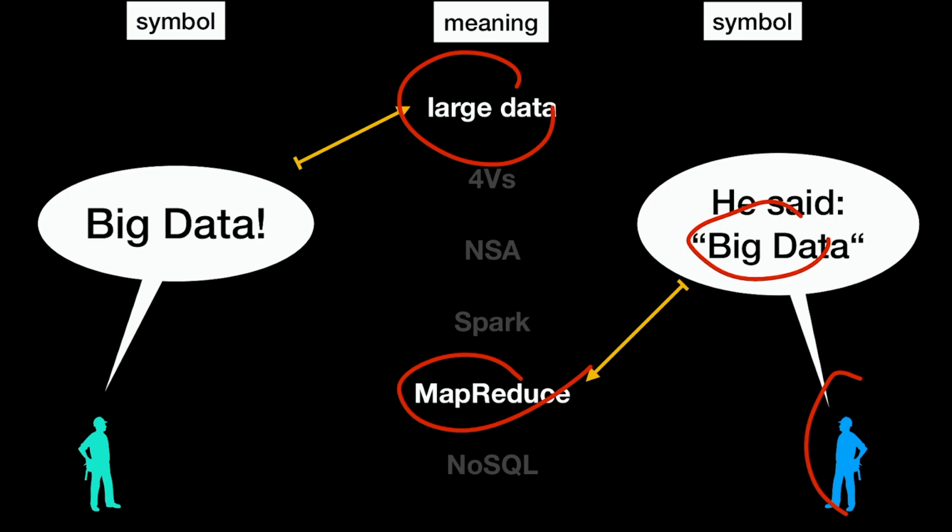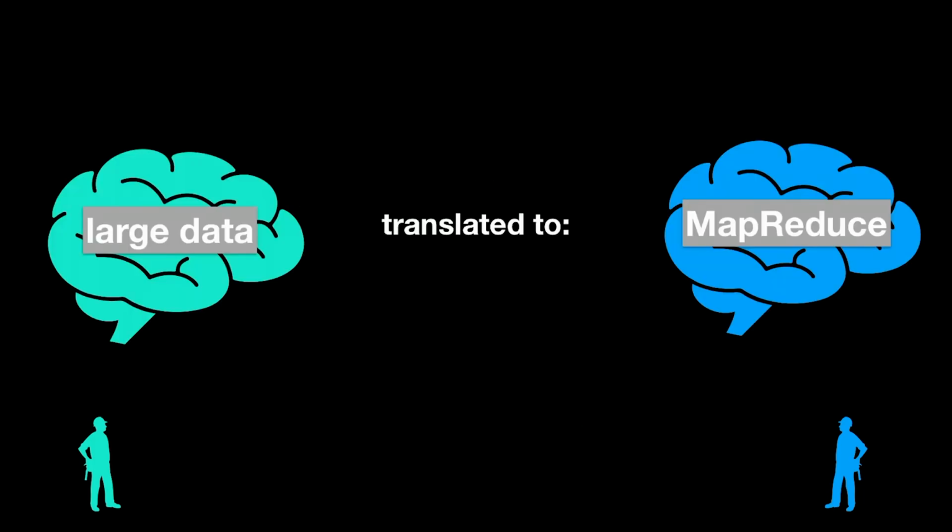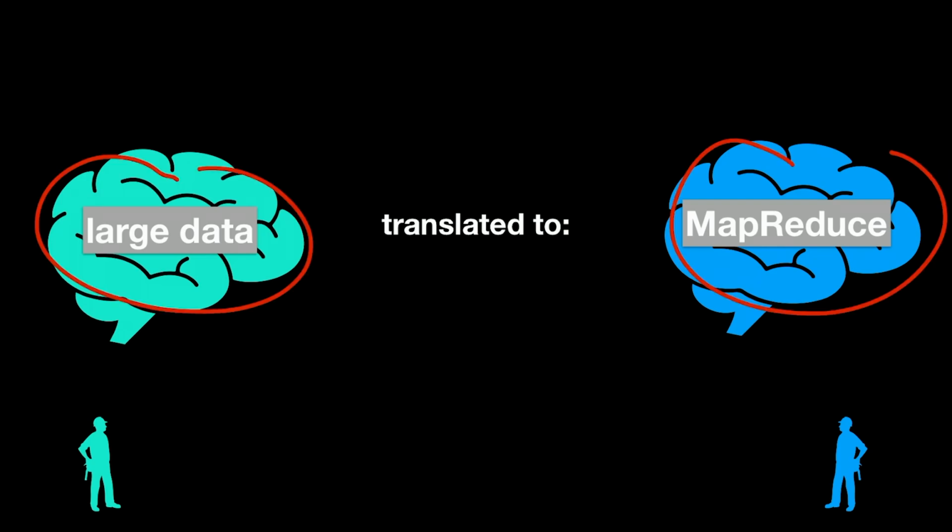From left to right, the intended meaning was large data, and it got translated to MapReduce. So all kinds of confusions happen there. Large data was in the brain of that person, and that got translated to MapReduce. And that's a problem in any discussion, be it in engineering or in particular in research. It's a super big problem.